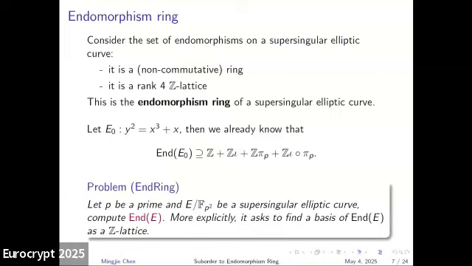And the endomorphism ring problem is the following. If we have a supersingular elliptic curve over a finite field, then we want to compute the endomorphism ring. Specifically, we want to compute a basis of this endomorphism ring as a Z-lattice. And this is just a very simple example. Usually, we cannot write down such things for an average elliptic curve.